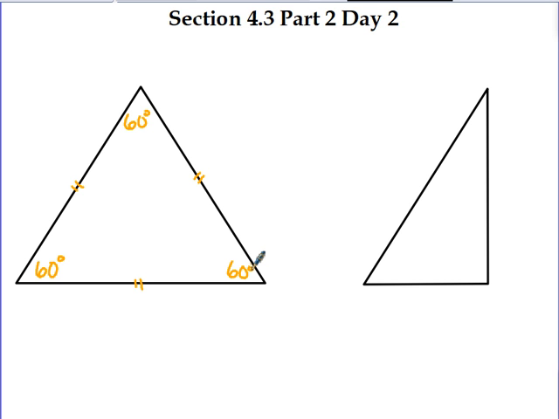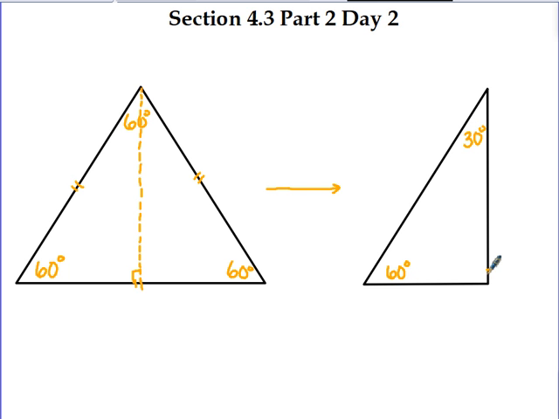Now, if I cut this in half, because I want to create a special right triangle, which creates a right angle on both sides, but it would also cut this angle in half, so this is going to create your 30, 60, 90 triangle.